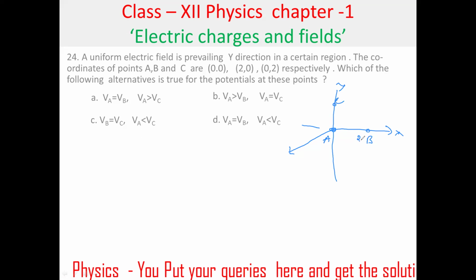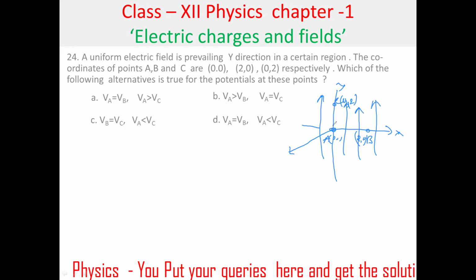This is 2 0, this is 0 2, this is 0 0. Now the electric field is in the y direction. Which of the following alternatives is true?